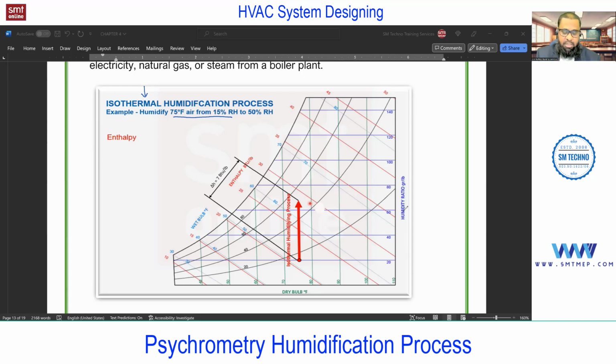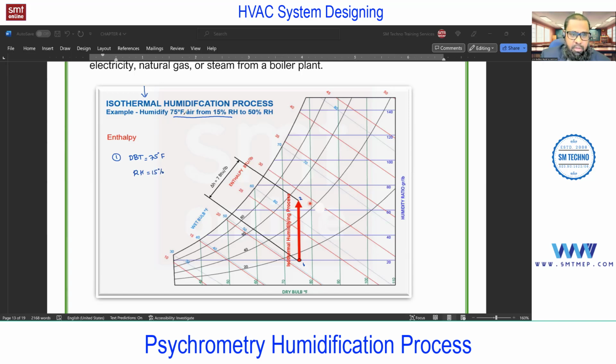So what are the different conditions you'll get? First of all, this is point 1 and this is point 2. What are the conditions at point 1? At point 1, dry bulb temperature is 75 degree Fahrenheit, and RH 15%.